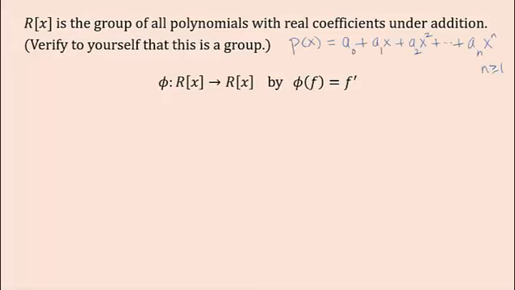A polynomial is like I have written here in blue. The a sub i's are the coefficients, so the a sub i's come from R. They're just real numbers. And it is of the form a0 plus a1x plus a sub 2x squared plus dot dot dot plus a sub n x to the n. So n is called the degree of the polynomial, and it is greater than or equal to, well, not 1, 0.